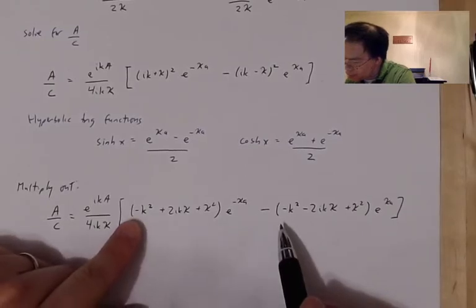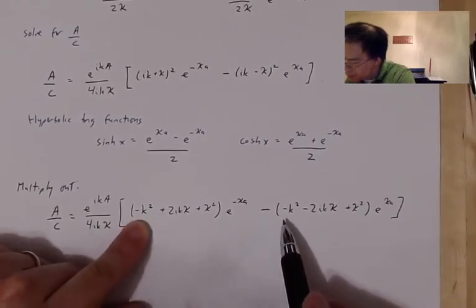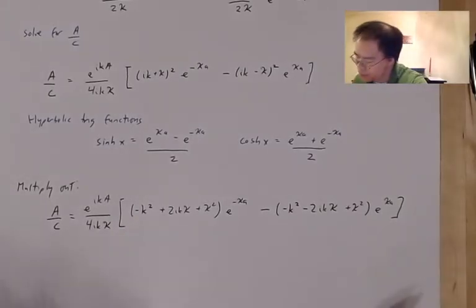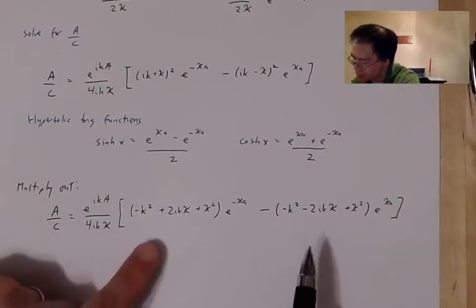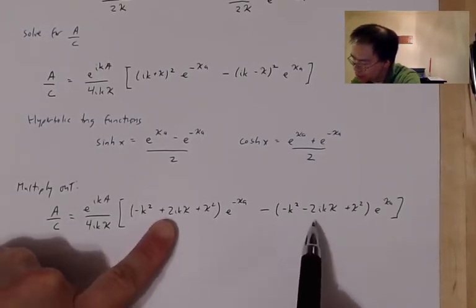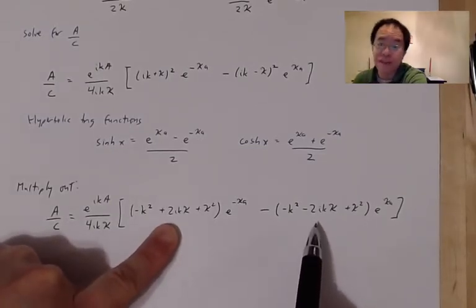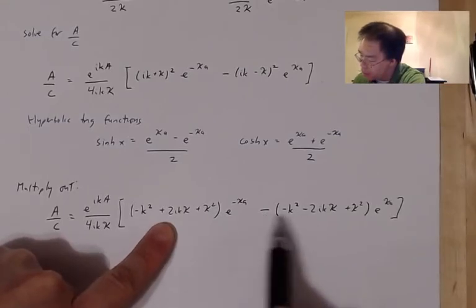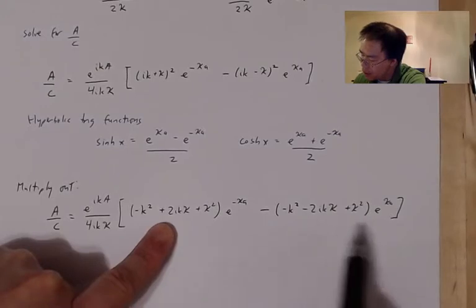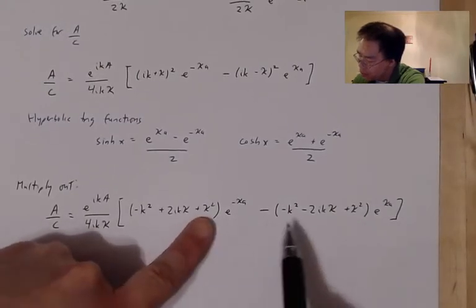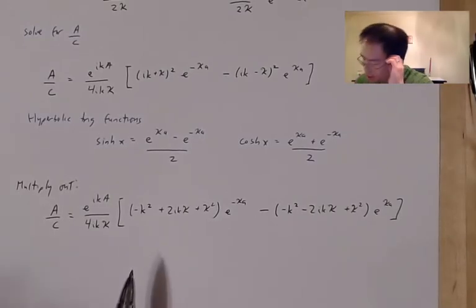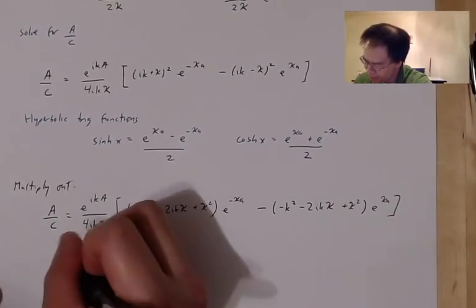We notice that here we have minus k squared and here I have plus k squared times e. So let's combine things where we can and compare. These two middle terms have the same algebraic sign. Two minuses here give me a plus. And here again, this term is positive, this term is negative. So we'll just group those together.